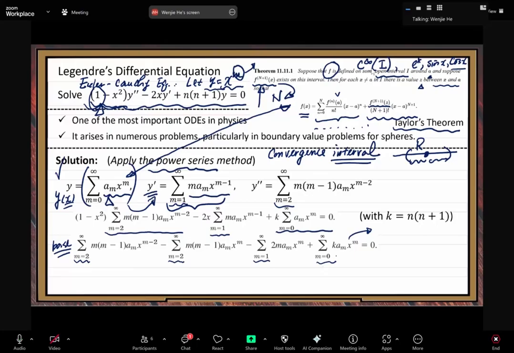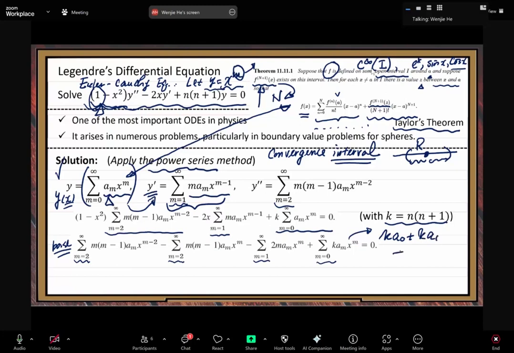When m equals 0, here the k is this number, so you have k times a0. Then when m equals 1, k times a1.